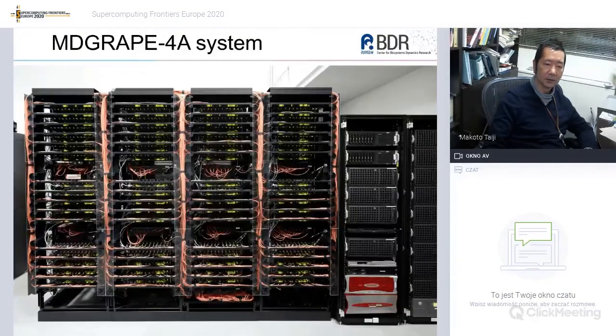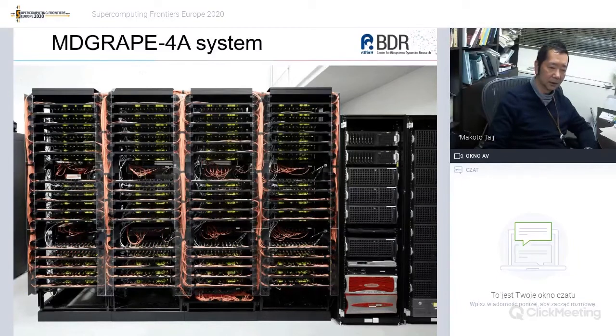Then these are photographs of the system. In total, we have 4 pedestals and 64 2U boxes, and this orange line is all the optical fibers that connect these units.